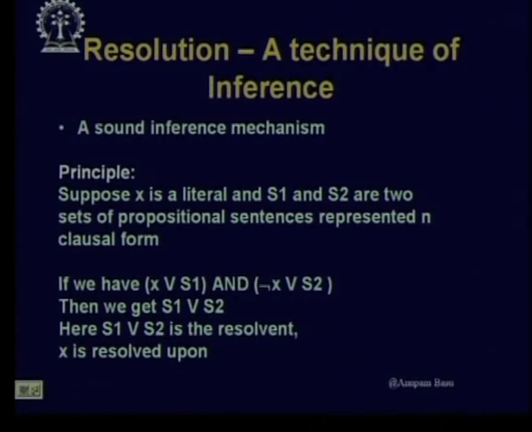So, here the basic principle is that suppose x is a literal and S1 and S2 are two sets of propositional sentences. Right now, we are restricting ourselves to propositional logic. What is the basic difference between propositional logic and predicate logic, as we have seen?